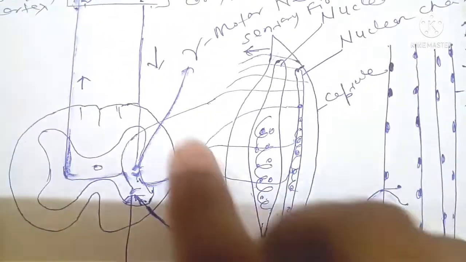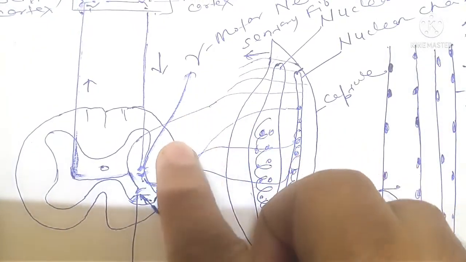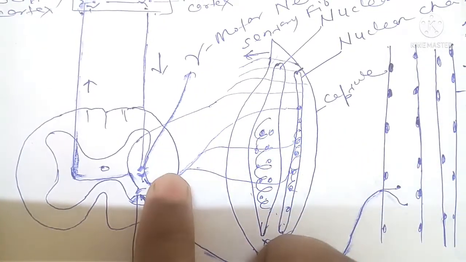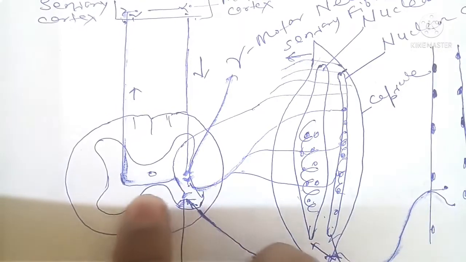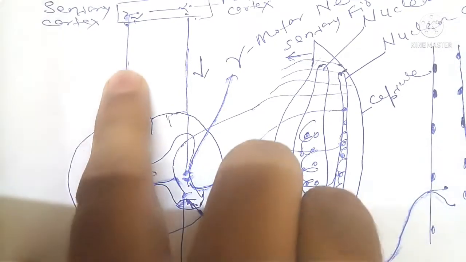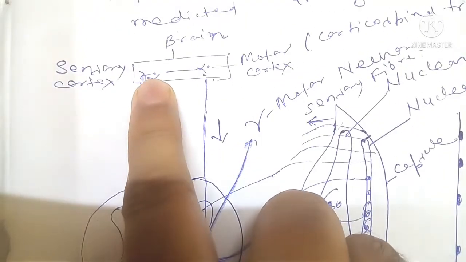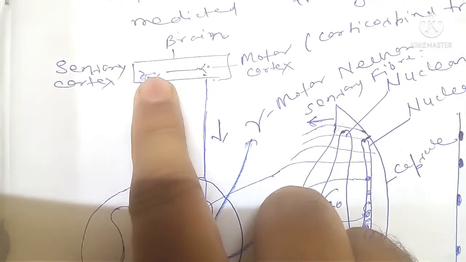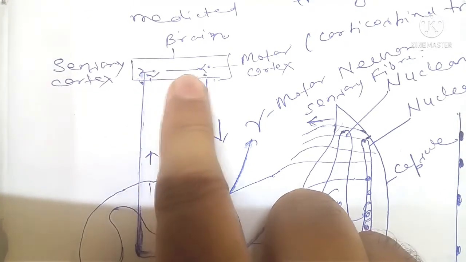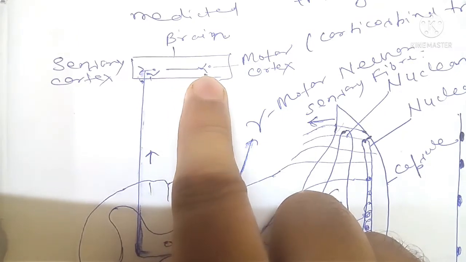Sometimes these sensory neurons do not synapse with the alpha motor neuron, and the impulses pass from the spinal cord towards the sensory cortex of the brain, and from the sensory cortex the nerve impulses pass towards the motor cortex of the brain.